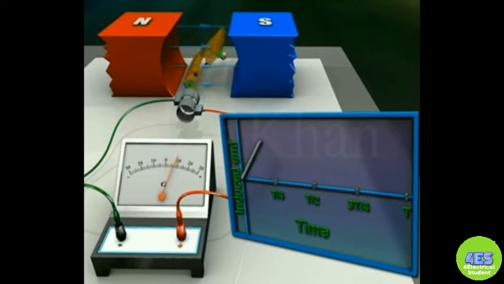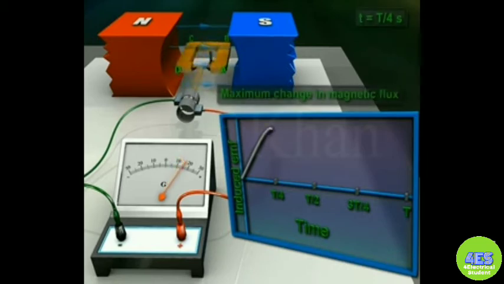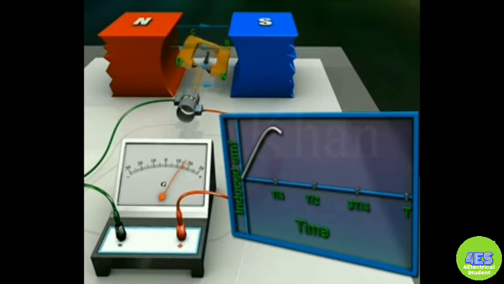During the first quarter rotation, the induced EMF increases. Then at time T/4 seconds, the armature becomes horizontal. At this position, the rate of change of magnetic flux momentarily attains its maximum value. Therefore, the induced EMF at this position is maximum. During the second quarter rotation, the induced EMF decreases.